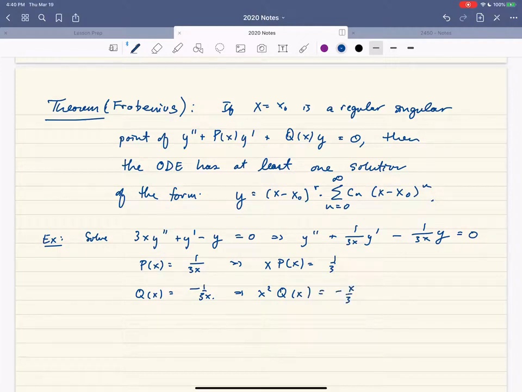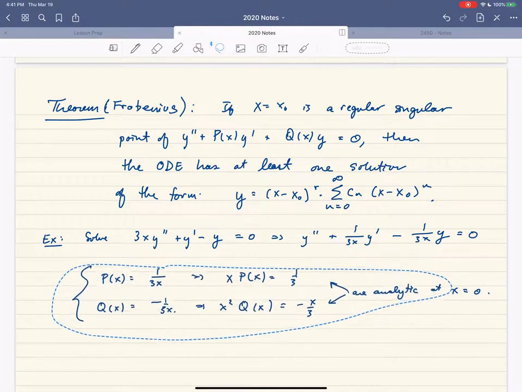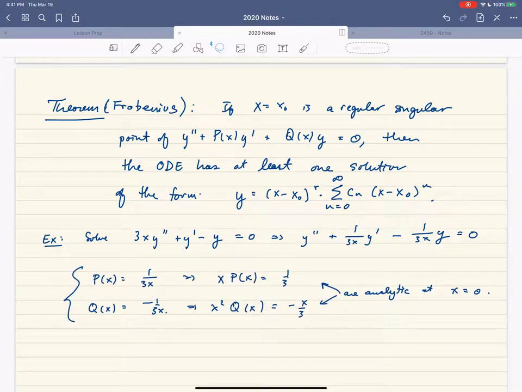Both of those functions are analytic, in other words, have power series at x = 0. So that means that the method of Frobenius is going to work just fine. We're going to be able to find a series solution according to this theorem of Frobenius.